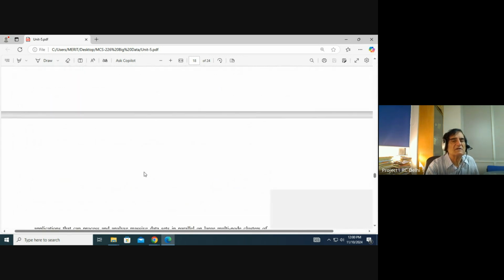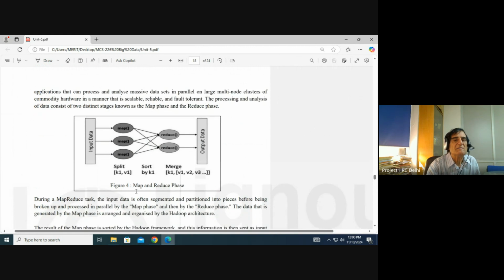This is MapReduce. So split, sort and merge. Input is coming here. Output data comes right here. So it is map 1, map 2, and so on, and then it goes to reduce, and the output is the reduce file.